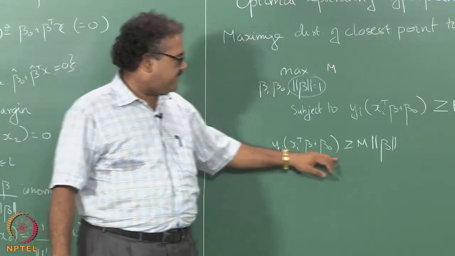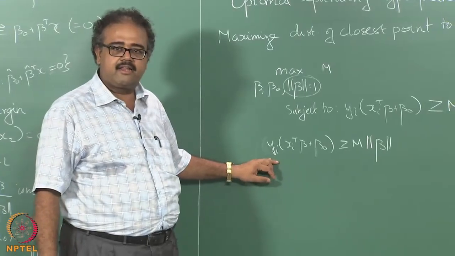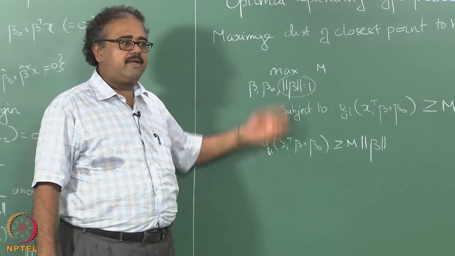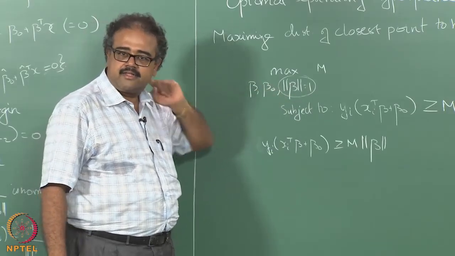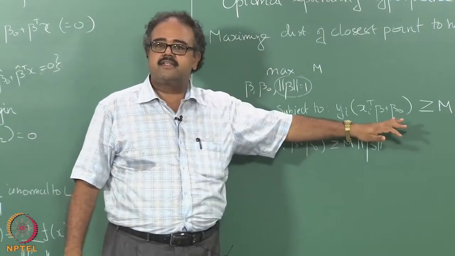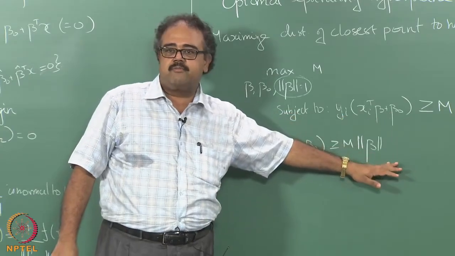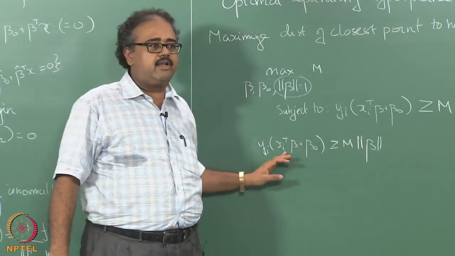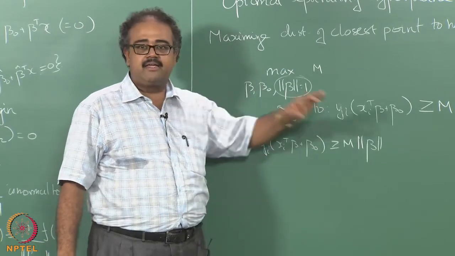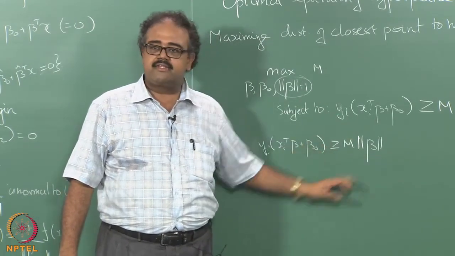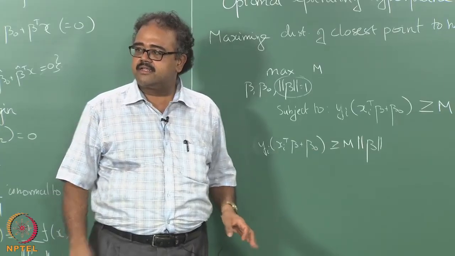So if something satisfies this constraint, right, I can arbitrarily scale it, right, that will still satisfy the constraint. If you think about it, because I have norm beta on this side, so if a beta already satisfies this constraint, okay, I can just scale the beta, okay, and then that will satisfy the constraint as well, correct?